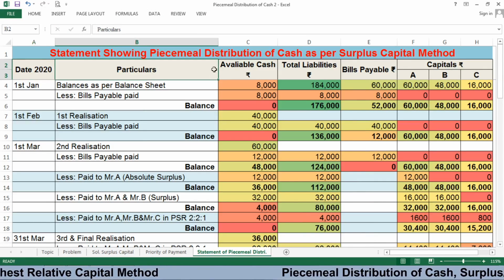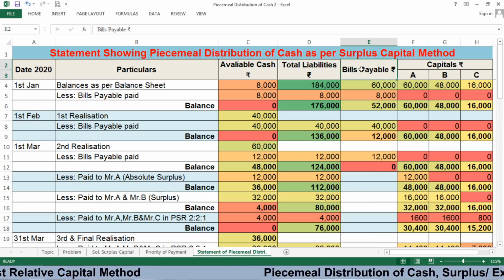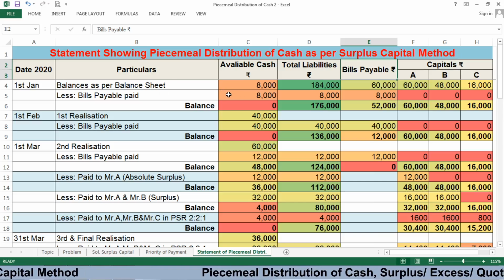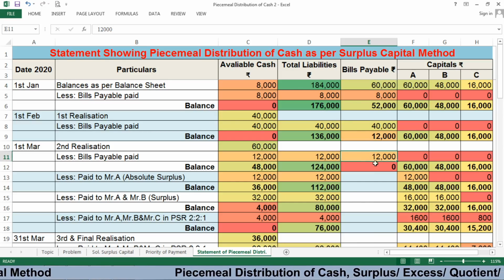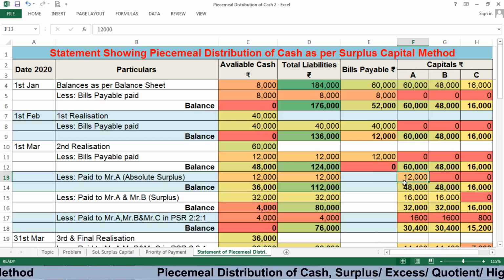Here we prepare columns of date, particulars, available cash, total liability, and bills payable, which is the one and only column of third party liability. Then we prepare columns for each partner's capital. After that, we put in all the balances, and as and when we receive the cash, we distribute it to the third party liability, and after that we pay the partners the absolute surplus.